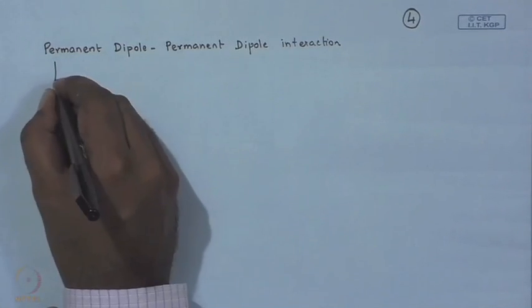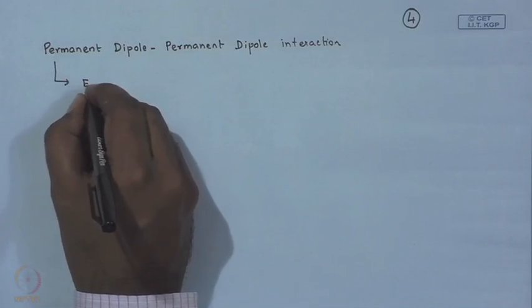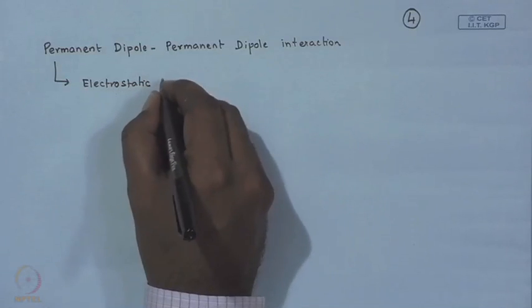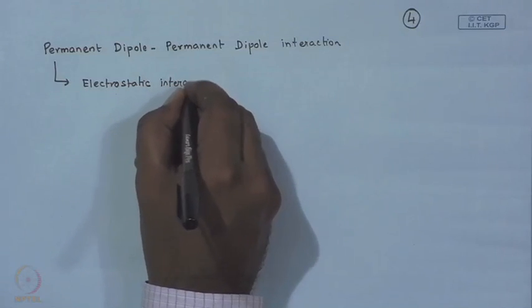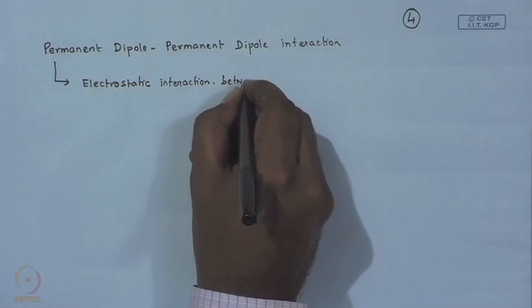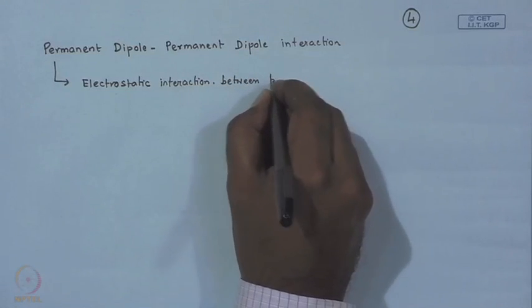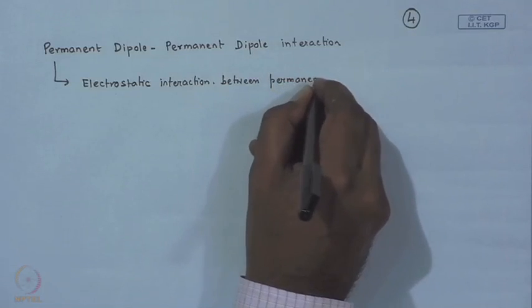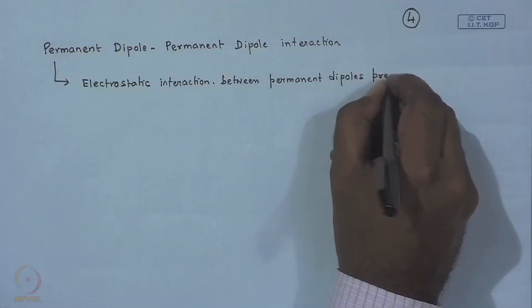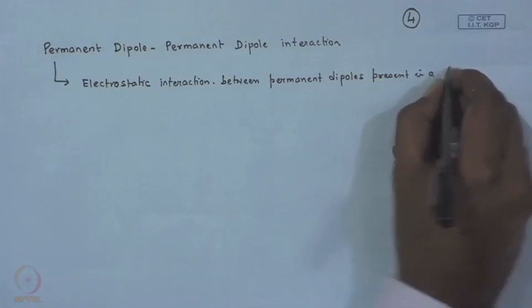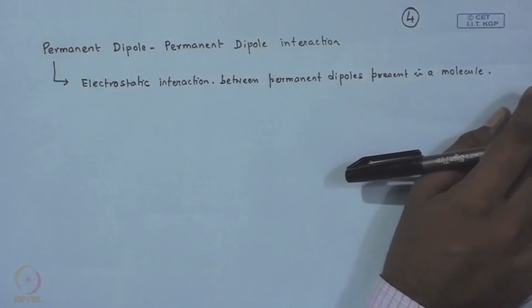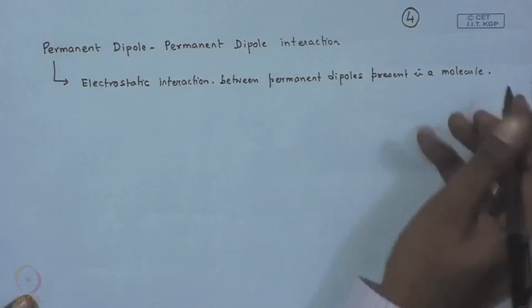So, this type of interaction is electrostatic interaction between permanent dipoles present in a molecule, these forces.